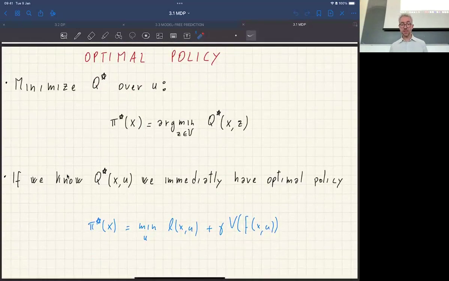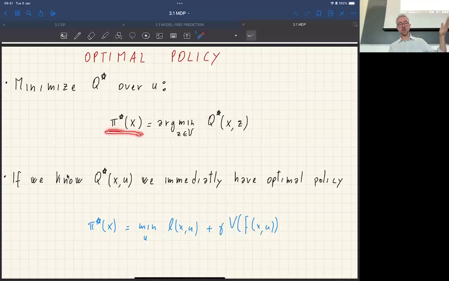The optimal policy can be computed from the optimal action value function by simply looking for the minimizer of the optimal action value function. This is very important, because it means that if we know Q star, the optimal action value function, then it's almost trivial to compute the optimal policy, which is what we really want to find when we do policy optimization, which is what reinforcement learning does.